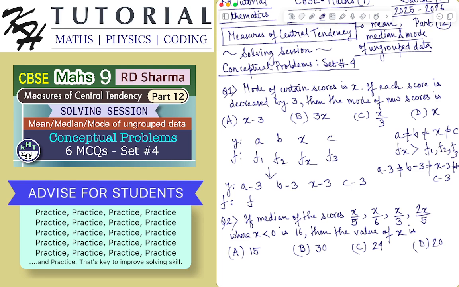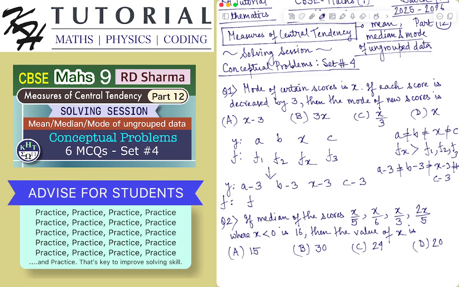It is hard to say what will be the frequency of A minus 3, because the new value A minus 3 definitely will not be equal to any other old value, like B, X and C. It is not clearly saying whether the frequency will remain the same or not.